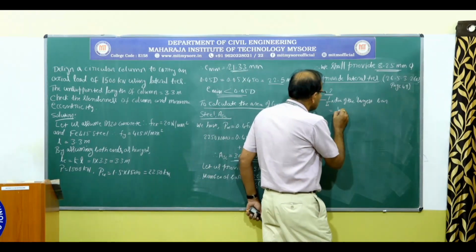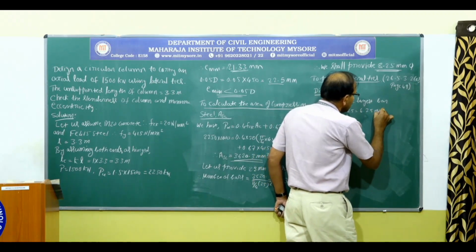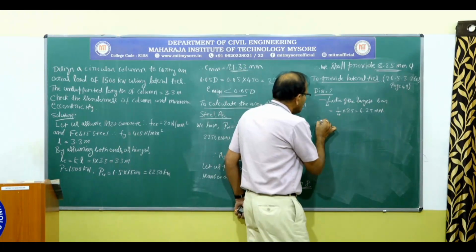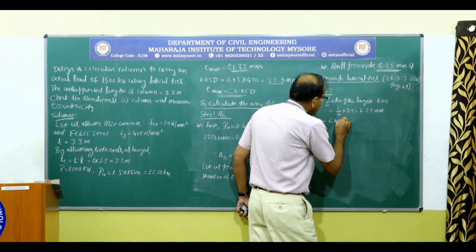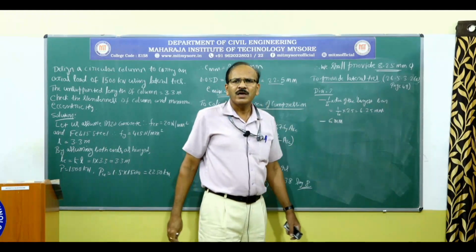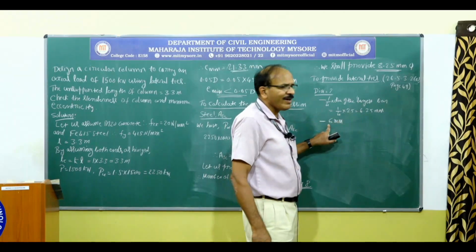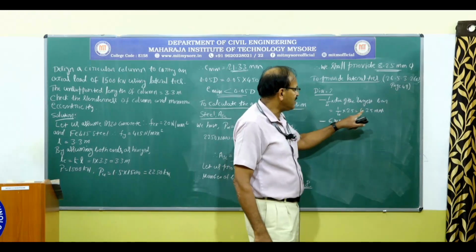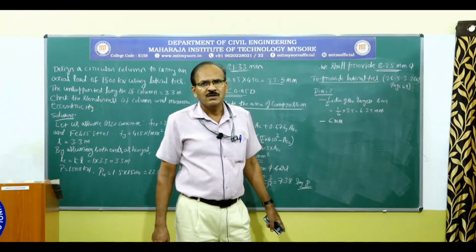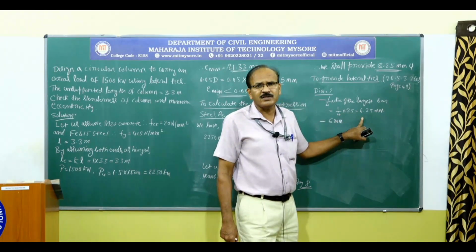So it is 1/4 of 25 equal to 6.25 millimeter. Okay. And also the diameter of the lateral tie should be at least equal to 6 mm. That means take higher of these two values as the diameter of the lateral ties. Higher of these two values is 6.25 millimeter. So of course we don't get 6.25 millimeter lateral ties in the market.